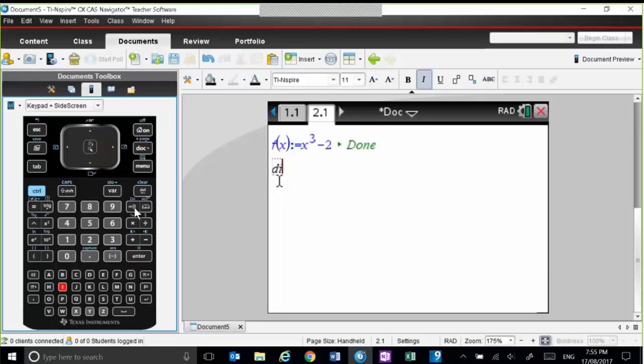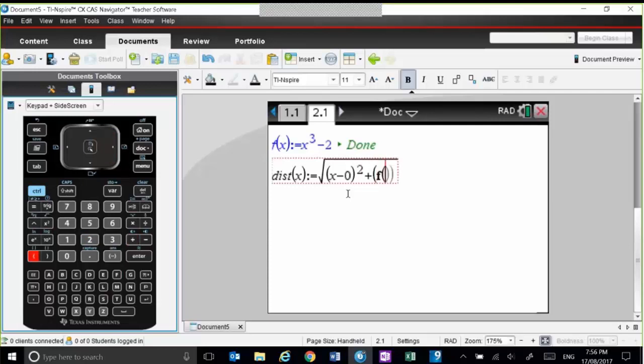We'll call it dist, as a function of x, and assign that to the square root of, and again, remember now, we're talking about the difference between the x coordinates, and so this is going to be x minus 0, all squared, because you're working out the distance, or the difference between the x coordinate at D and the point A, which is 0, plus, now we're working out the difference between the y coordinates.